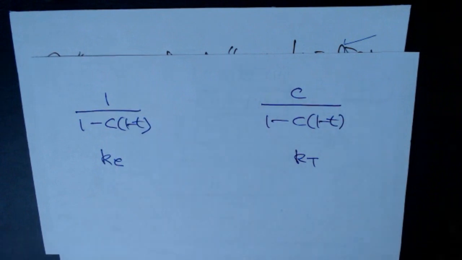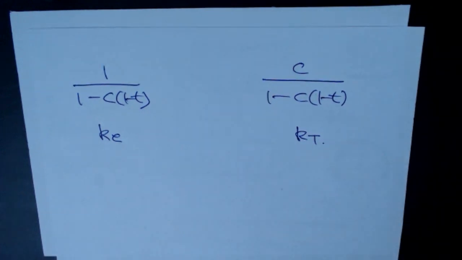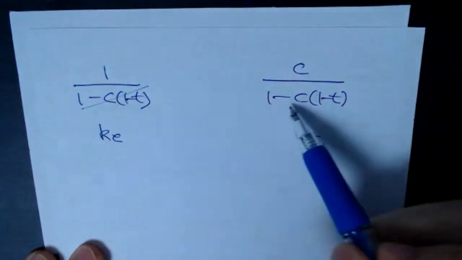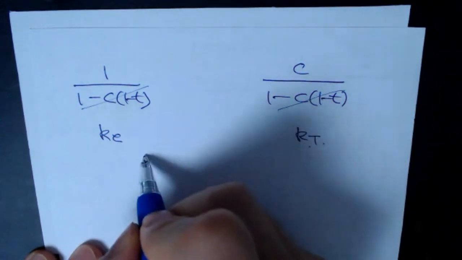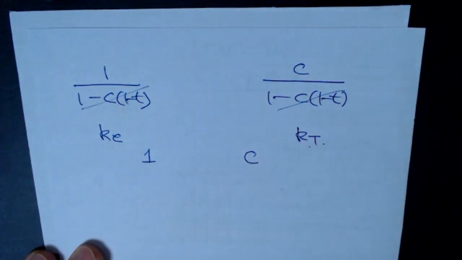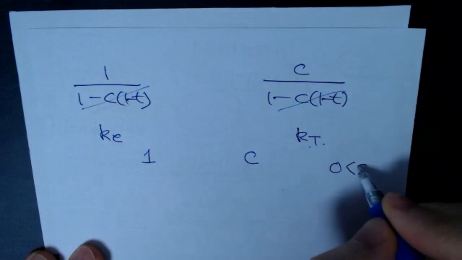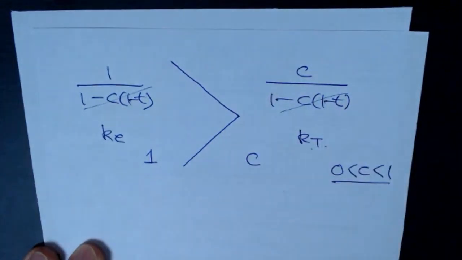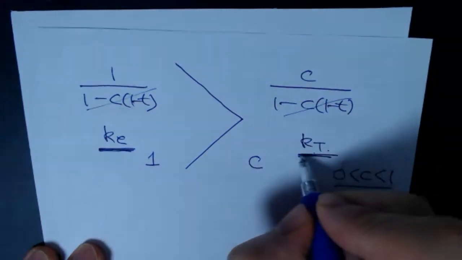This one is also very easy to answer, right? Because both sides have the same denominator. So this question reduces to whether one is greater or C is greater. Then we know that C always lies between 0 and 1. So this is the answer: KE is always greater than KT.